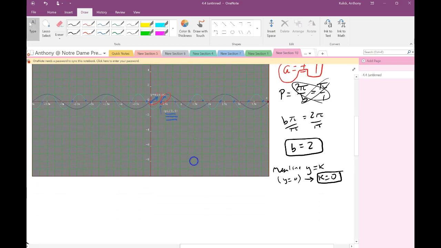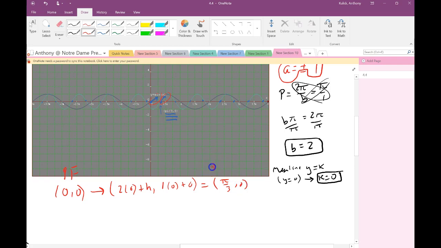And now I can go and figure out my math. So my math from the parent function goes 2 times x plus h, and then a times y plus k, and that has to give me the point pi over 3 in the transformed one.